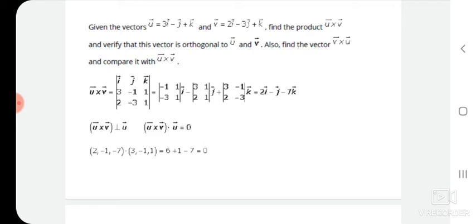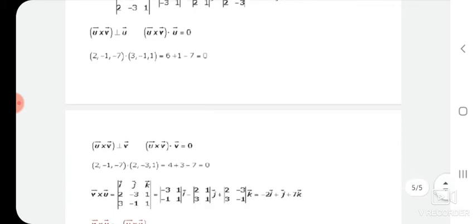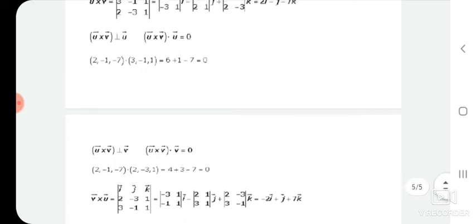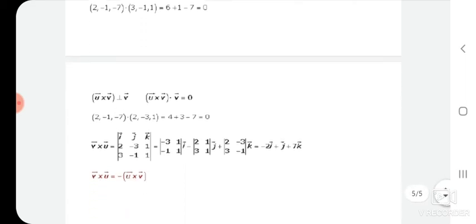That's why u cross v is orthogonal to u as well as to v, because 2 into 2, minus 1 into minus 3, minus 7 into 1, it gives 4 plus 3, 7, minus 7 is equal to 0. That's why u cross v is orthogonal to u as well as v, means the resultant of vectors u and v is perpendicular to vector u as well as vector v.